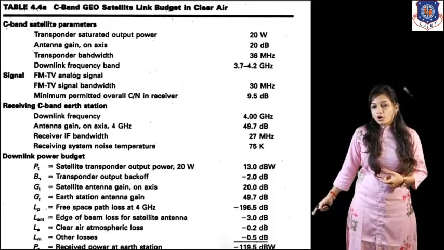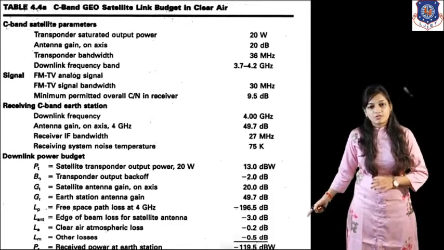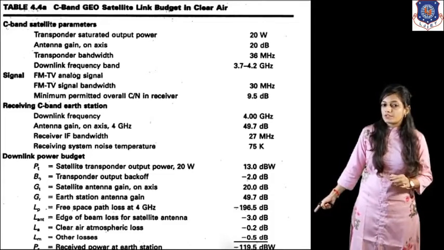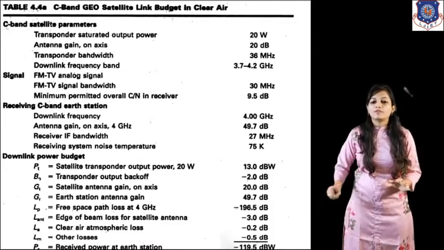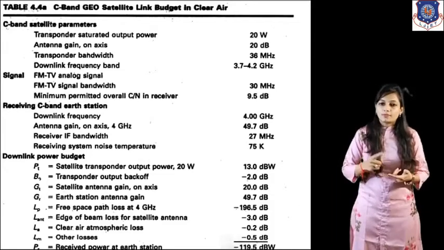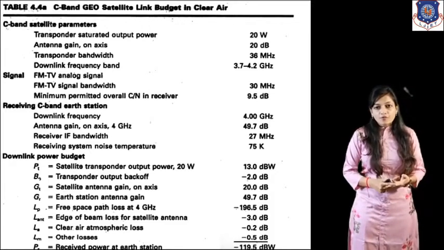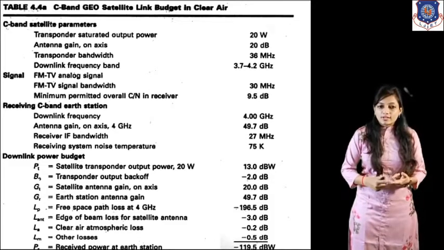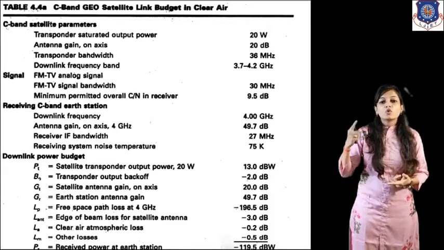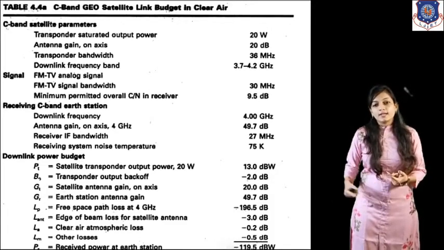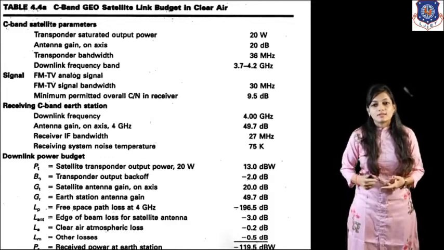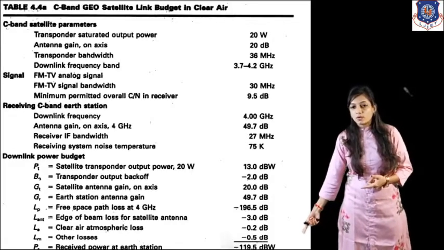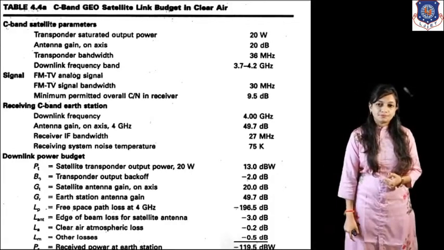Antenna beam loss is minus 3 dB, which is given. Atmospheric loss is 0.2 dB, and other losses are given as 0.5 dB. So all the losses are going to be subtracted. The gains of the transmitting antenna, the transmitting power, and the gain of the receiving antenna are added, and the remaining quantities are subtracted as they are losses. So overall, we get the received power at the Earth station as minus 119.5 dBW.